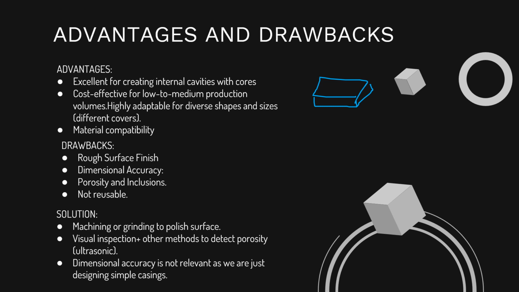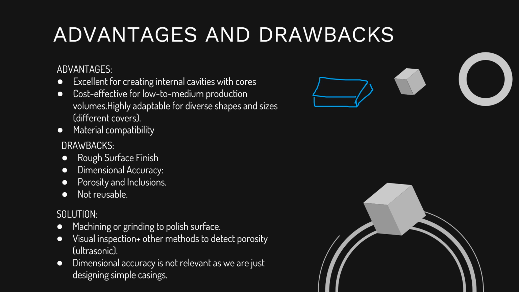Then production will be low as it's for a very particular application. And finally, the material compatibility is also important, as sandcasting can withstand materials with high melting temperatures, which is the case of this superalloy.